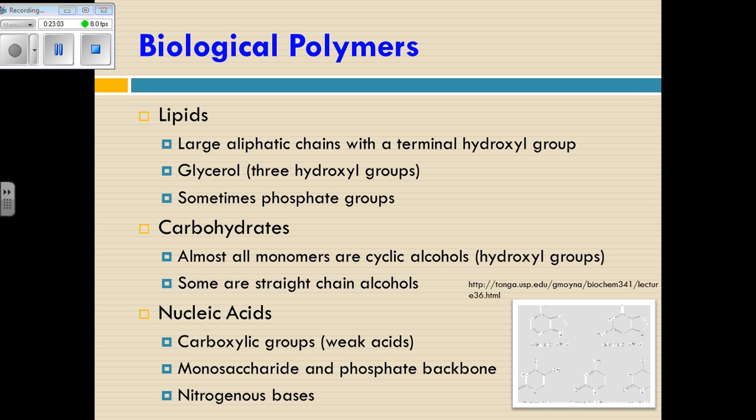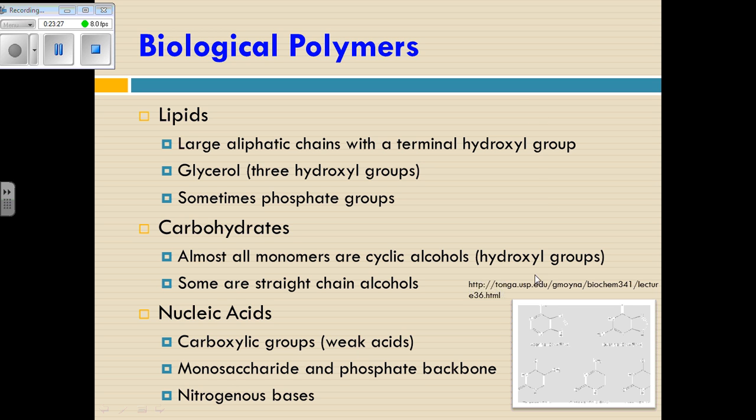The next major class is the nucleic acids. And nucleic acids have a carboxylic group. It's a weak acid, but you basically have that COOH on one end. Okay, you have a nitrogenous base, that NH3 or NH4 area, and then you have the monosaccharide and phosphate backbone.